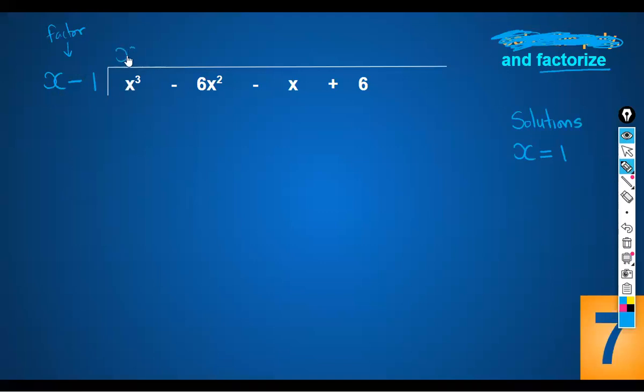So you get x squared here, then x cubed minus x squared, minus. x into this is minus 5. No, x squared.